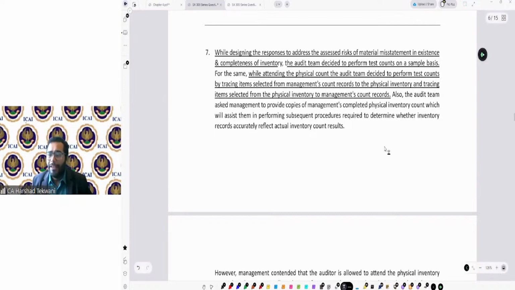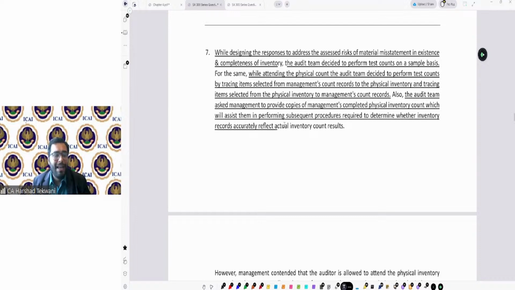We generally call this procedure as floor to sheet, sheet to floor in inventory count. The audit team asked management to provide copies of the management completed physical inventory count, which would assist them in performing the subsequent procedures required to determine whether inventory records accurately reflect the actual inventory counts.